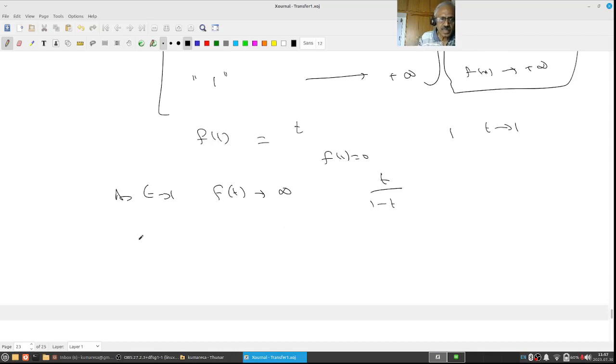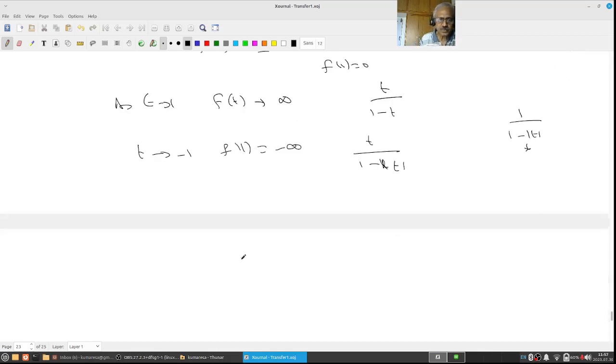But then as t goes to minus 1, I want f of t to go to minus infinity. Therefore I use 1 by mod t: as t goes to minus 1, mod t goes to 1, therefore the denominator will go to 0. But then the numerator t will be negative, therefore this gives minus infinity. You understand? Please go through this.